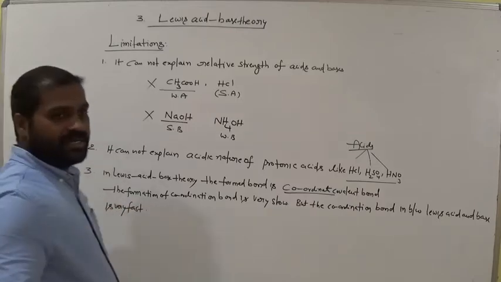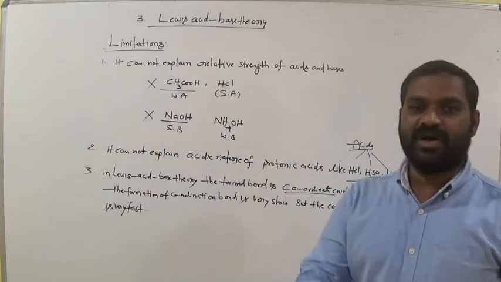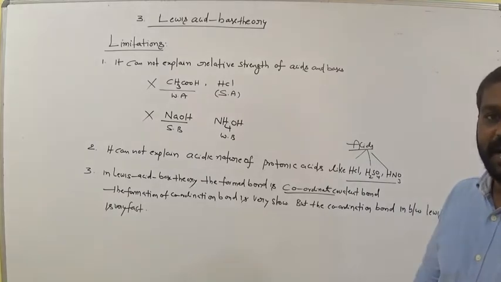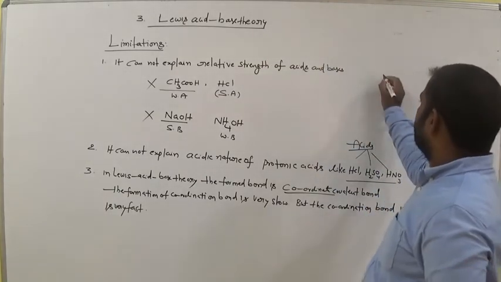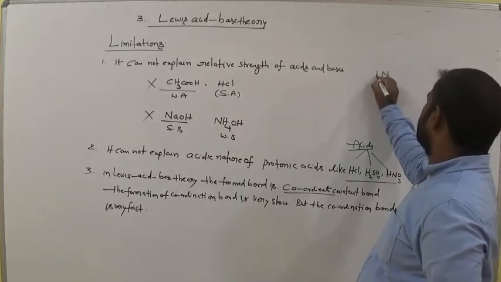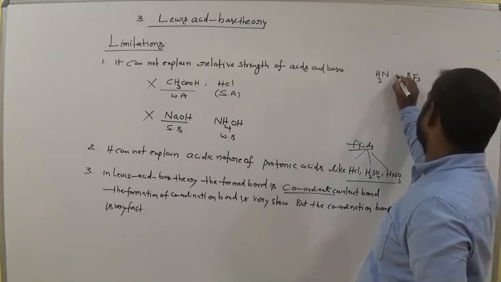Remember this point. Actually, a coordination bond is a slow formation bond. It forms very slowly. Okay, but in Lewis acid base theory, there is a coordination bond between Lewis base and Lewis acid.